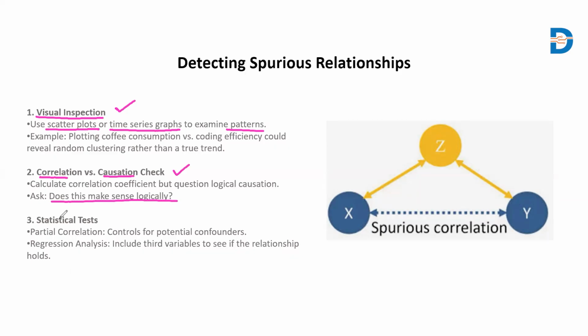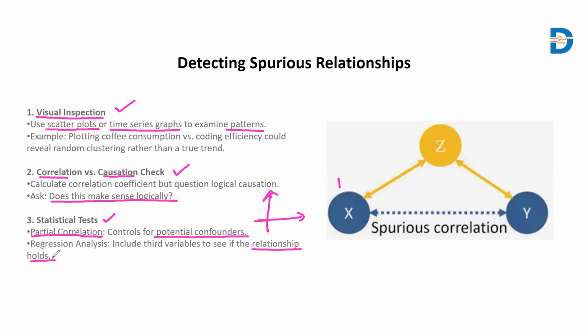Third, we have statistical tests. Partial correlations can be computed so that there is control for potential confounders. For example, if two variables have a strong relationship between them, then we can use a third variable to check whether the relationship holds or not.